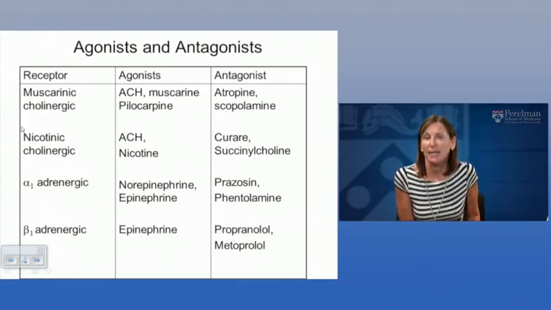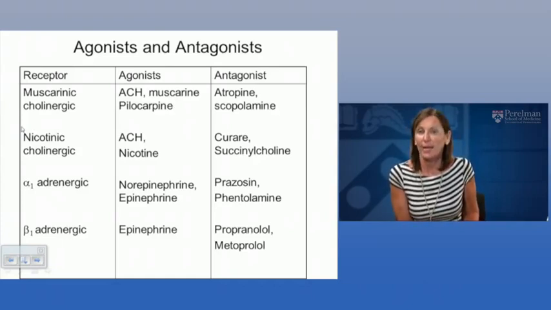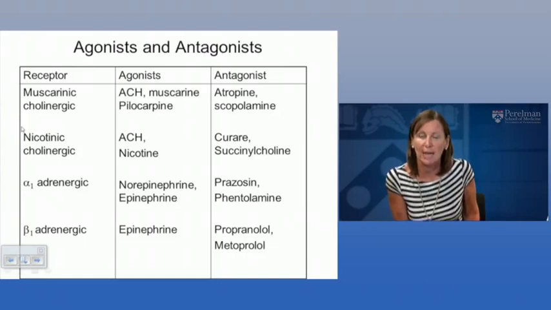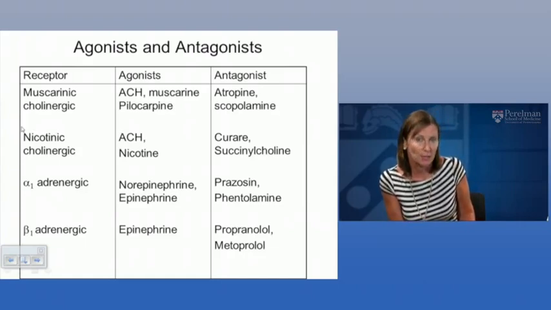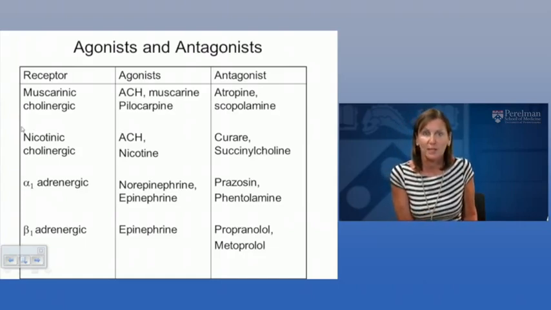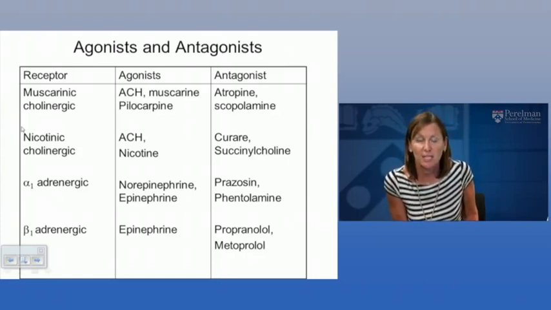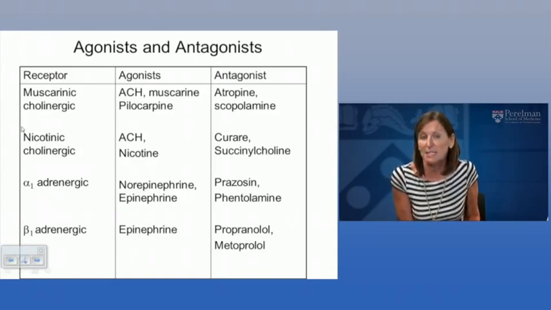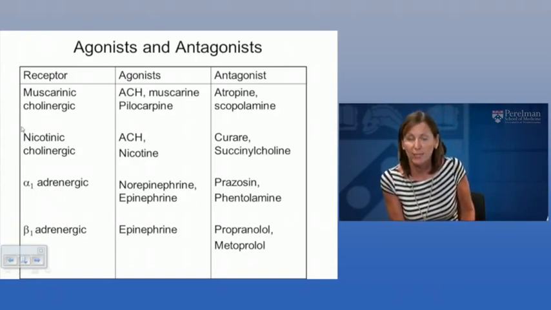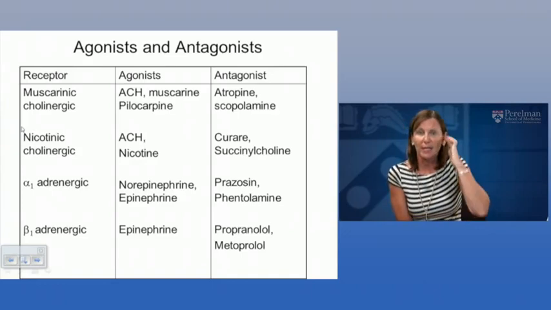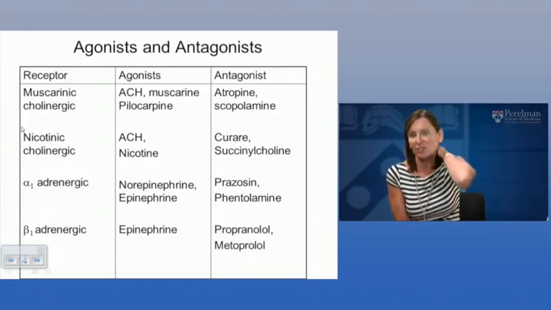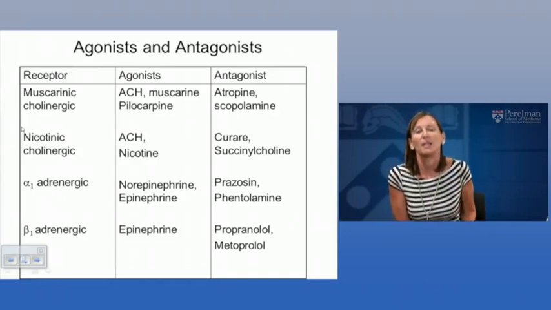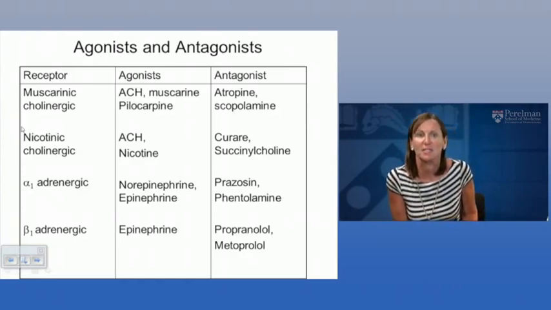Scopolamine is a drug that we use for motion sickness, and it antagonizes muscarinic receptors in the brain that mediate the nausea and emesis associated with repetitive motion. Nicotinic cholinergic receptors, the natural agonist is acetylcholine, and also nicotine, either from chewing tobacco or from smoking. And the competitive antagonist is curare, and the non-competitive antagonist is succinylcholine.